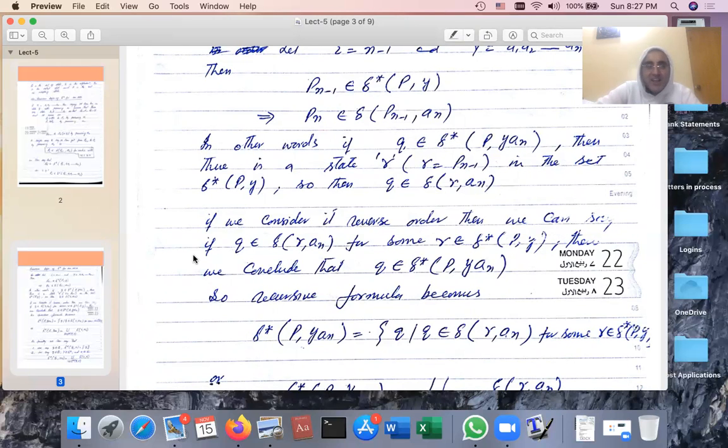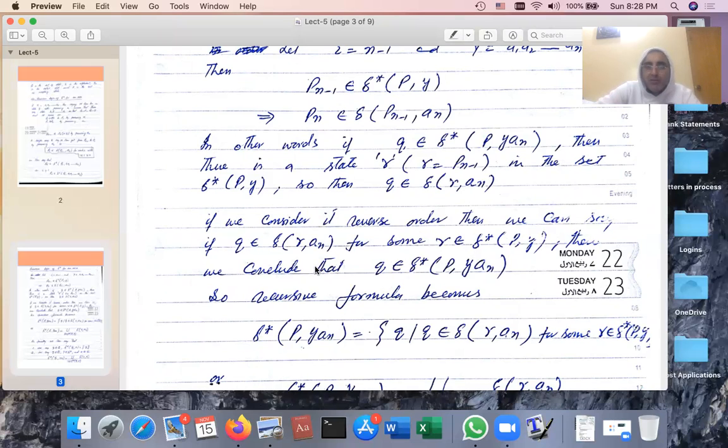So if Q belongs to delta of R comma An for some R, and I reached R from my initial state P with string Y, which is A1 to An minus 1, after applying multiple transitions, then we conclude that Q belongs to delta star.